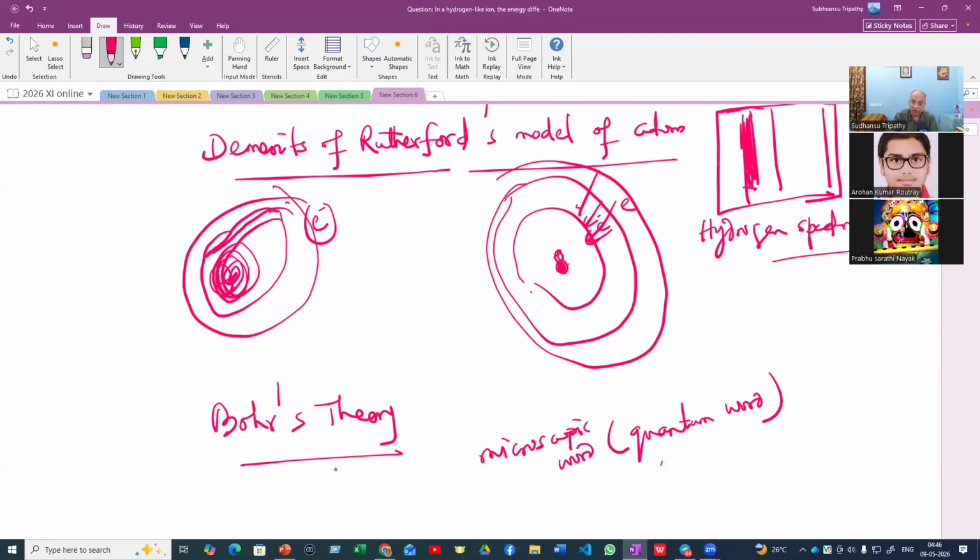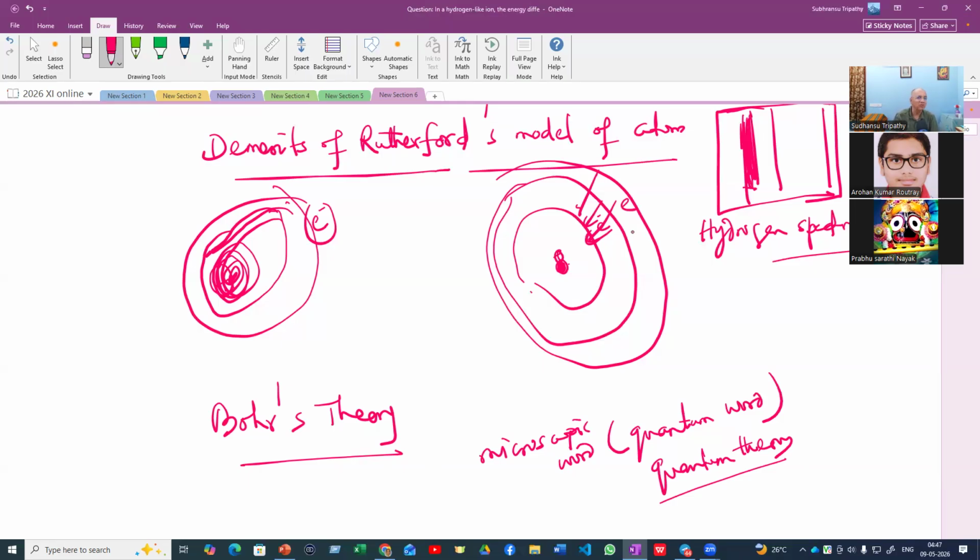That theory is the quantum theory. Quantum theory is only applicable for the microscopic world inside an atom. Outside an atom, in the macroscopic world, whatever theories we have learned will be valid. But inside the atom, a different set of principles will be valid.